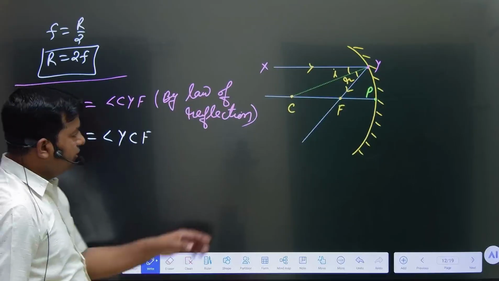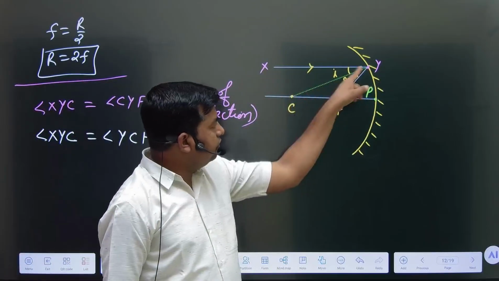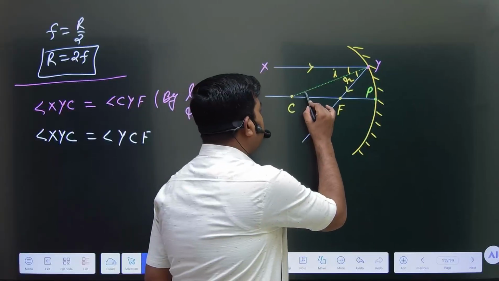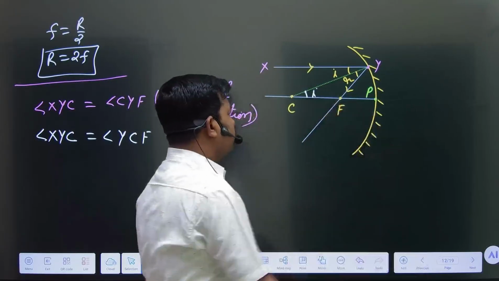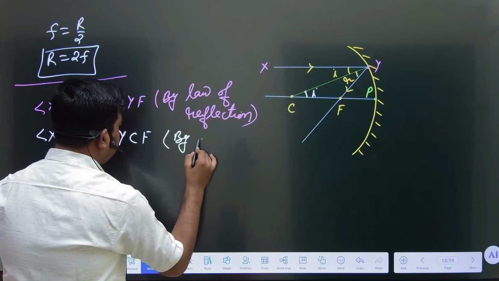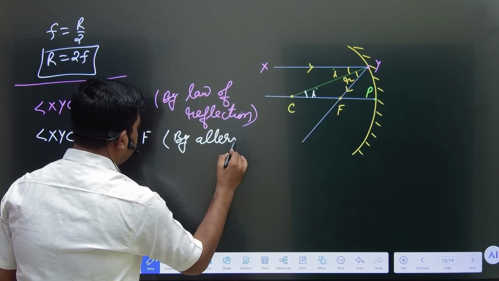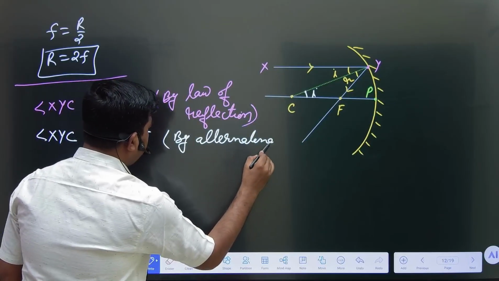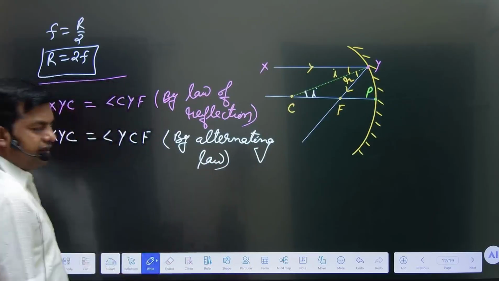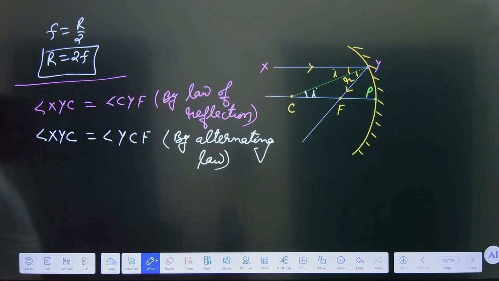And these angles are equal by alternating interior angles. So this is also I. This is equal by alternating angles. Clear to you? By alternating angles, we write that both are equal.